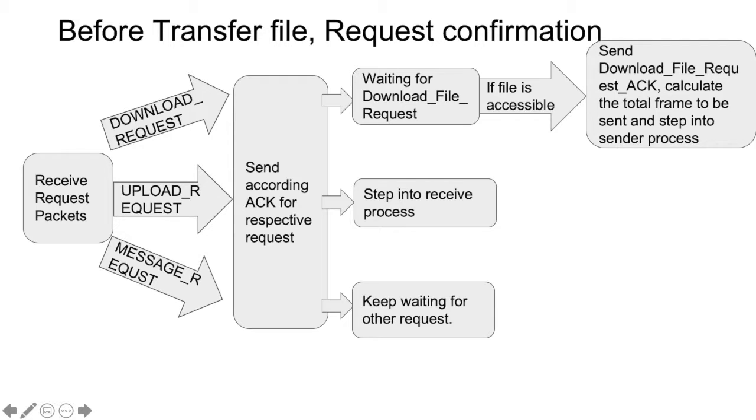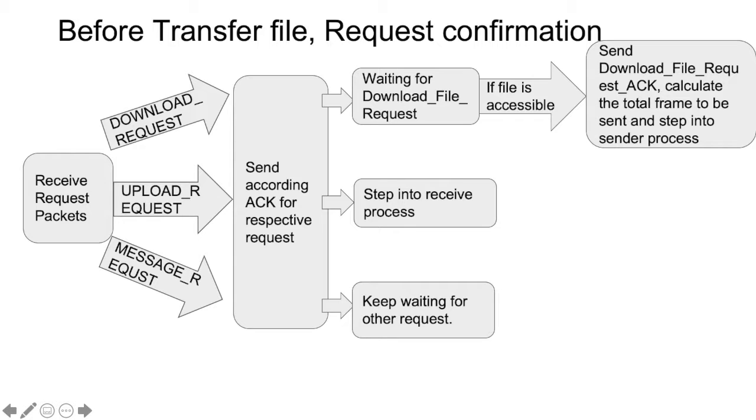For the download request, after the server sends back the acknowledge, it will wait for the download file request from the client. After the server receives that request, it will see if the file is accessible on this device, and if the file is accessible, it will send a download file request acknowledge, calculate the total frames to be sent, and step into the sender process.